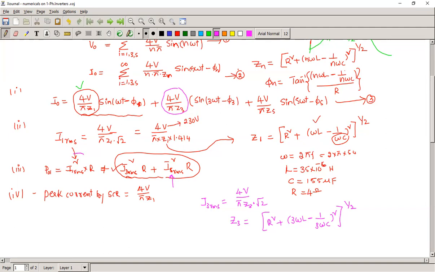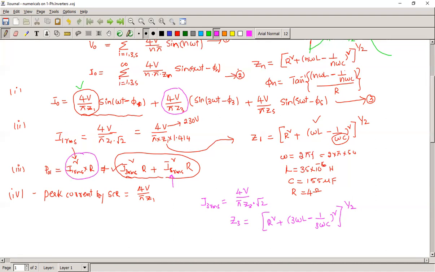Next, this is the quantity representing the power absorbed by the load. Why have we considered the third harmonic and fifth harmonic? Because resistance is there. Resistance is the element representing heat produced in the circuit.